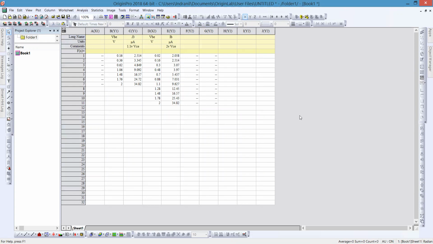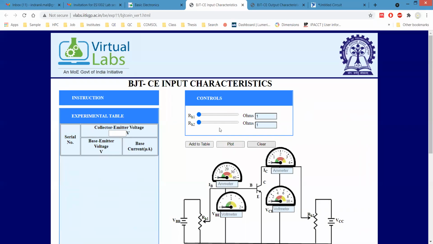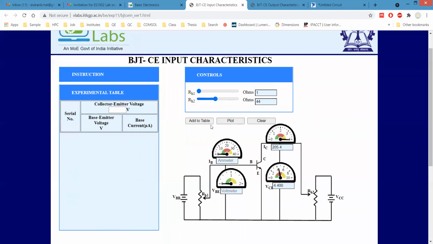Okay, now let's come here and clear all the data. Then we will consider the collector emitter voltage, sorry, not RH value, as 3 volt. Let's have 4 volt. Oh, it is decreasing. Let's have it as 4 volt.